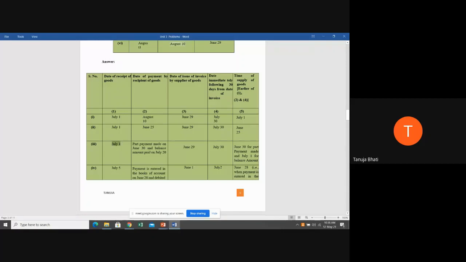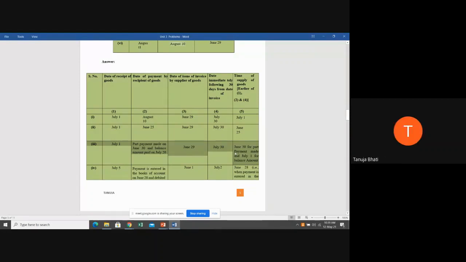Remaining payment: July 1st, July 20th and July 30. Which is the earlier of the three dates? July 1st. Very good. So your solution will be June 30 for the part payment made and July 1st for the balance amount. So is case number 3 clear to everyone?